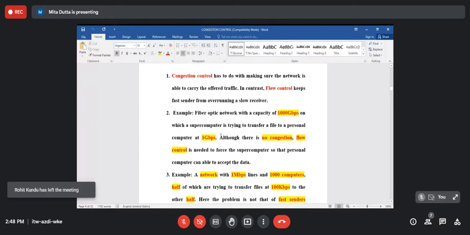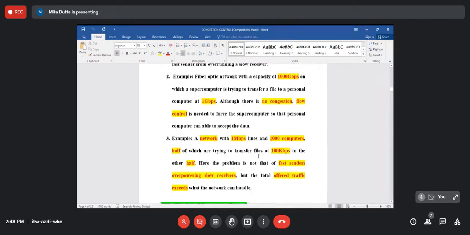But the receiving end processor has a capability of accepting data at only 1 gigabit per second. In this situation, there will be no congestion in the network, but we need flow control.